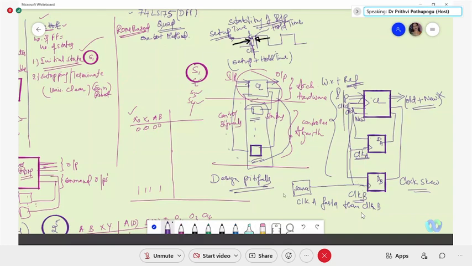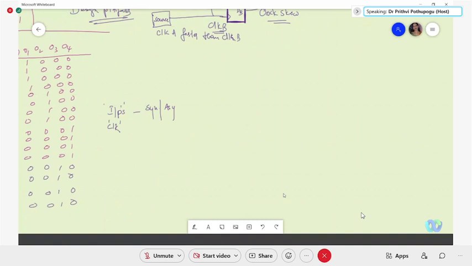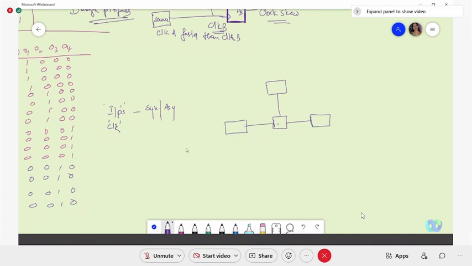So what is the remedy? What we can give is place this source of clock somewhere in the center. If this is my clock source, what are the segments I'm having in the design? I try to place them in this format.